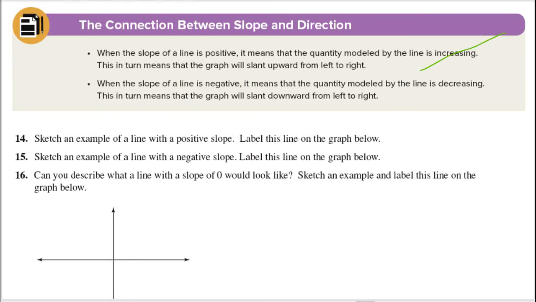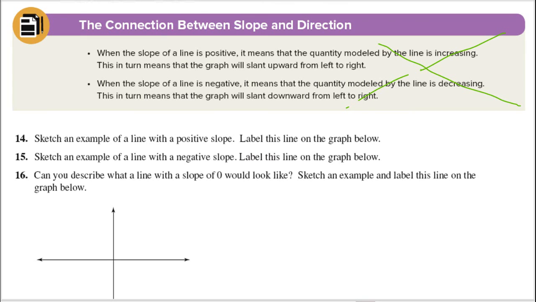It goes down if you're going to the left. Slope is negative, it means you're losing, which means the line is going down to the right. As time increases, the alcohol content goes down. So negative slope, you're losing something. Positive slope, you're gaining something.